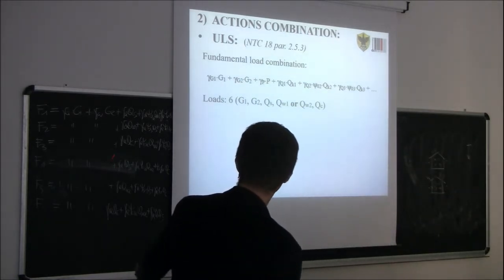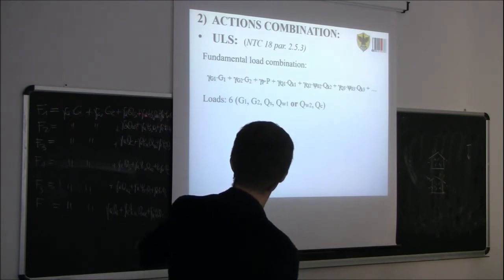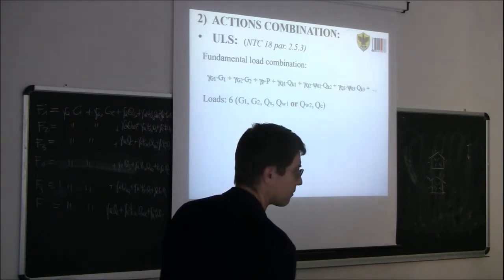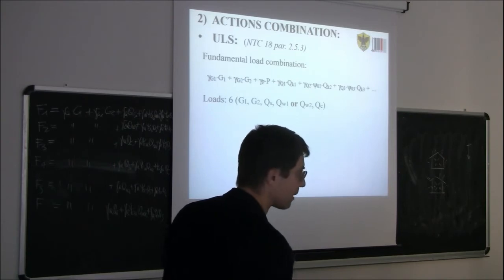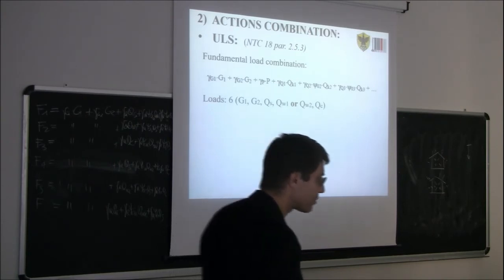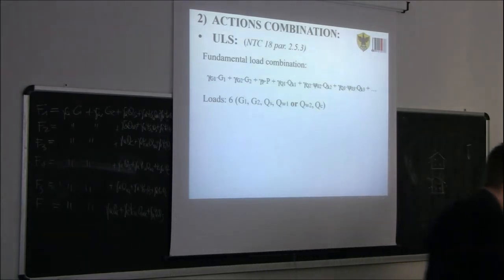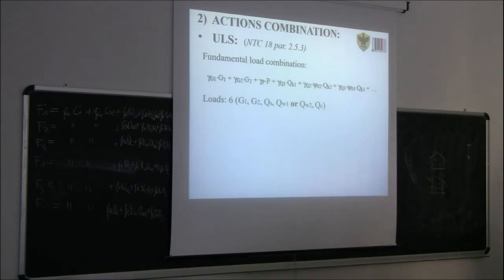But of course, once we have replaced all the values, you remember to put the right value there. Because for gamma G1, gamma G2, and gamma Q, the regulation gives you 2 values. One value for favorable loads, another value for unfavorable loads.